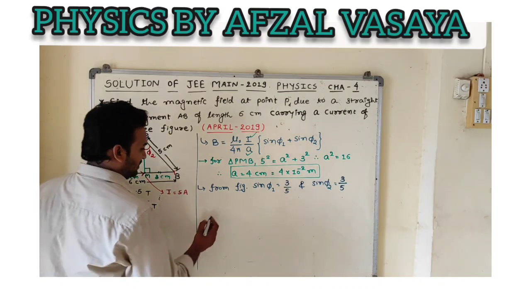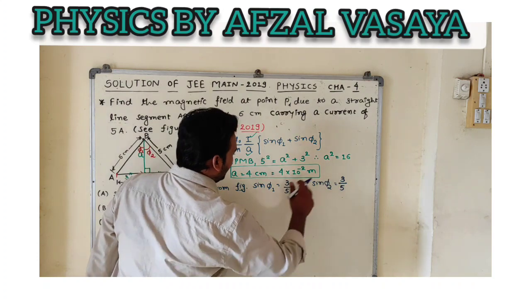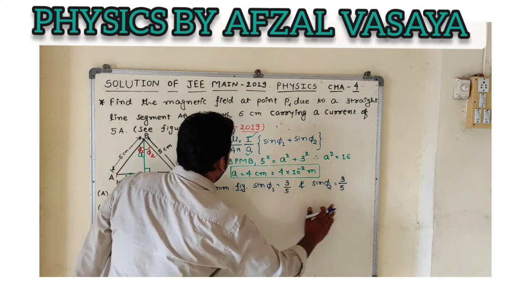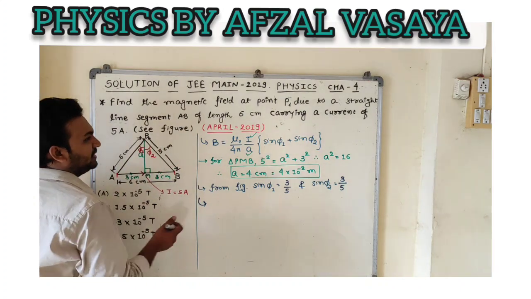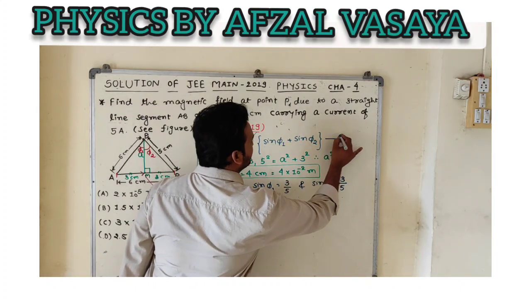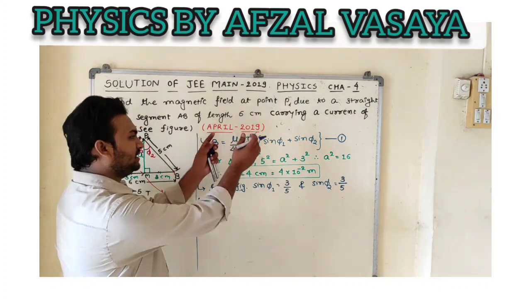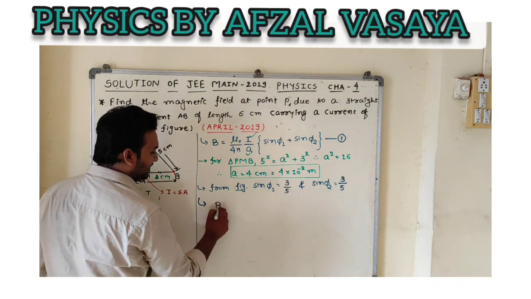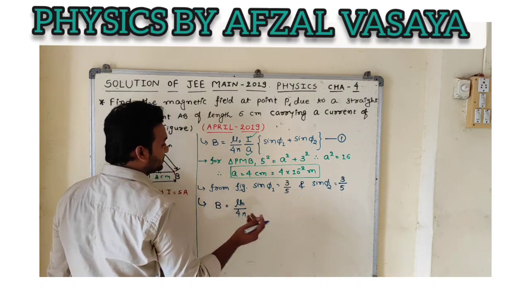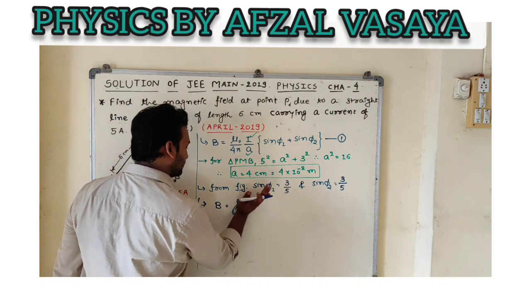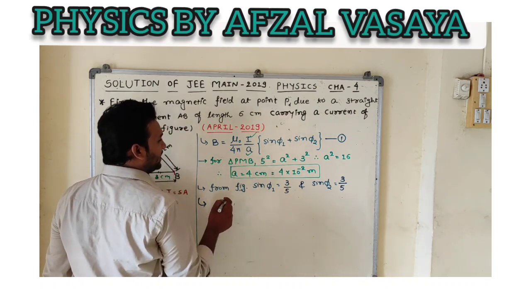Now if you substitute those values of sine phi 1, sine phi 2, perpendicular distance A, and current 5 ampere into this formula, let's say this equation is 1. If we substitute all the values in equation 1, we get magnetic field B equals mu 0 upon 4 pi.